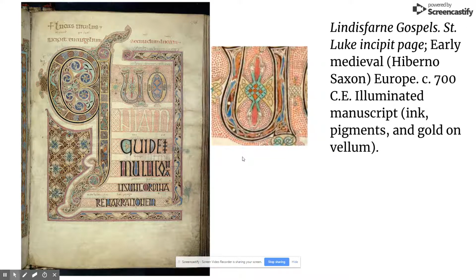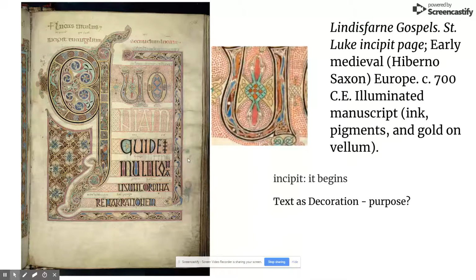Okay, so then we have the incipit page. The incipit page means it begins, so it means the first words of the gospel. If we look carefully, what do we see? Oh my gosh, I see interlacing, right? You will also see some animal motifs. I'll get into those in just a moment. So you want to think about the text.